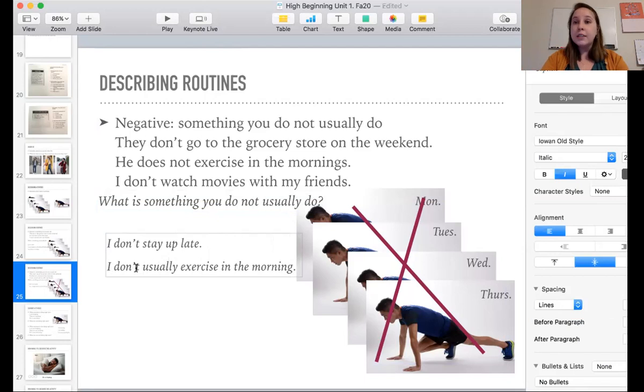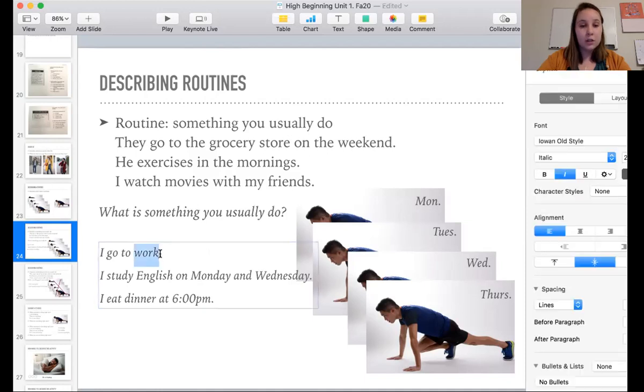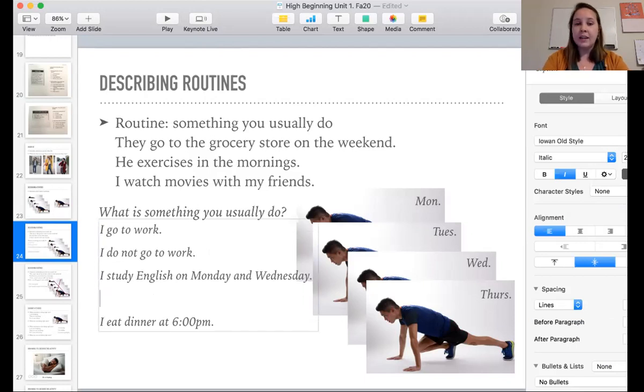Okay. So the only difference between this and when you describe what you do is you are using that do not. I go to work, then the negative, I do not go to work. I study English on Monday and Wednesday. What would the negative be?